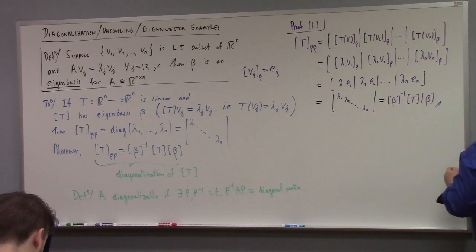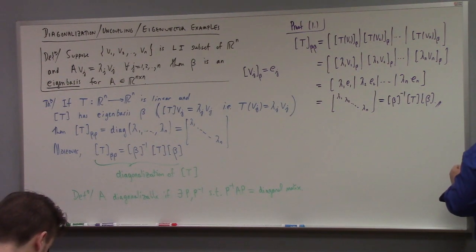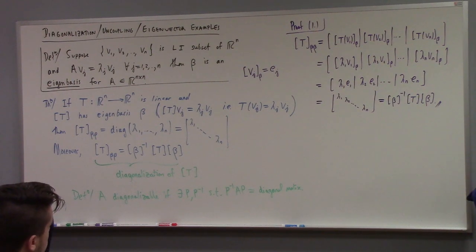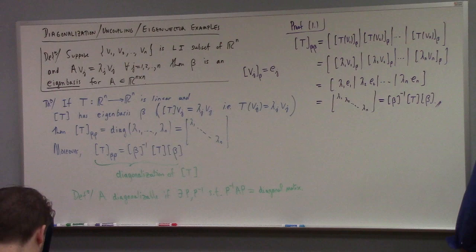So let's consider beta, which of course is V1 through Vn, right? And let's consider beta inverse. Let's give it a name. Let's just say you've got W1 through Wn as your rows, right? And if we look at beta inverse times beta and you calculate the ijth component of that, what is that?